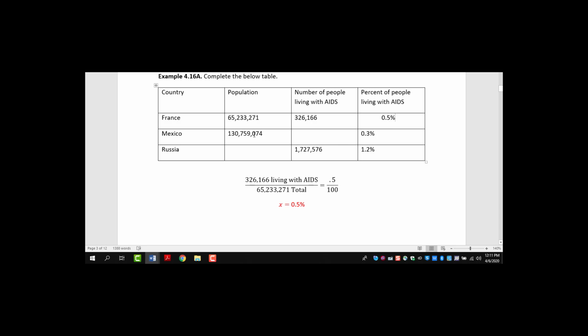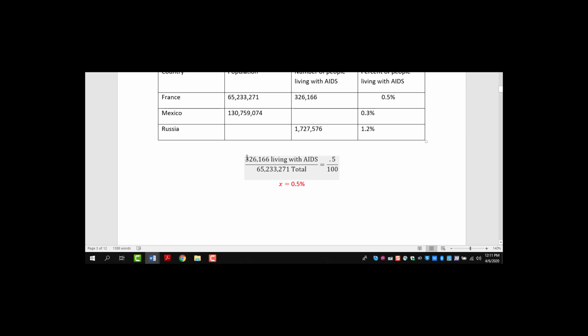All right, in Mexico, we know the population and we know the percent of people living with AIDS. So from here, we're going to figure it out. Think about it. You're already given one ratio here.